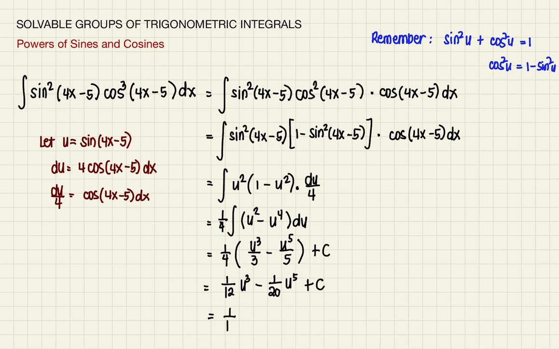So that's 1 over 12. Our u is sine of 4x minus 5. So the sine cube of 4x minus 5 minus 1 over 20 sine to the power of 5 of 4x minus 5 plus c.